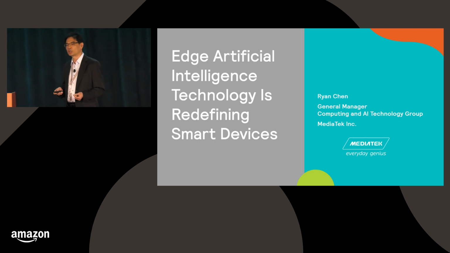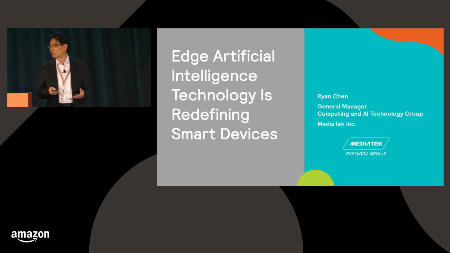We call this kind of local on-device AI simply Edge AI. So today I'm going to talk about how Edge AI is going to transform, or redefine, our smart devices.